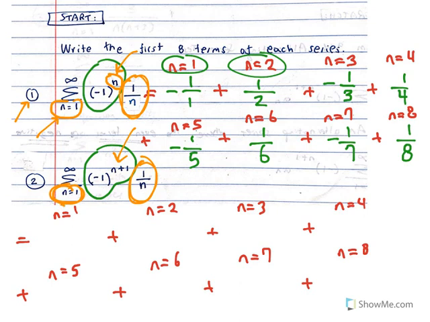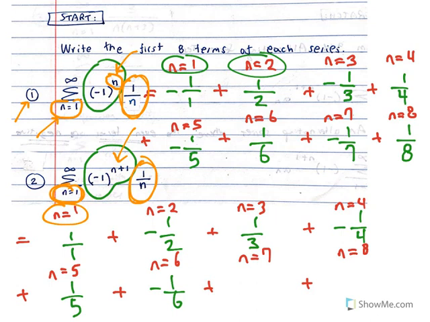So for odd numbered terms, you're raising negative 1 to an even power, so that will give you positive 1, and you get 1 over 1. This will become negative 1 over 2, and then you have positive 1 over 3, negative 1 over 4, positive 1 over 5, negative 1 over 6, positive 1 over 7, and negative 1 over 8. So these are two examples of alternating series.